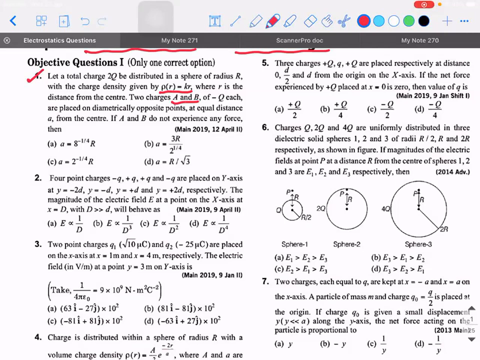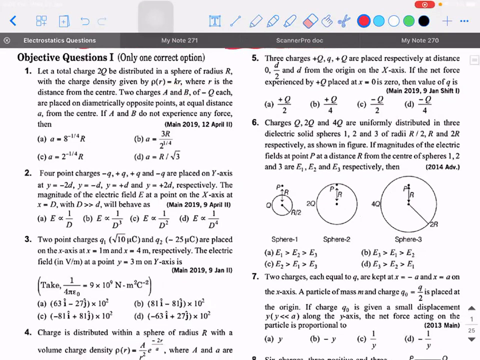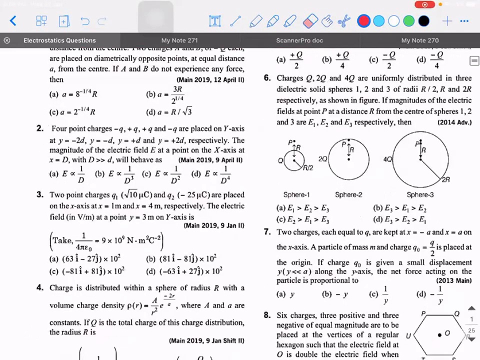Did you guys understand the question? Okay, we'll do one thing. I'll do a bit simpler problems, and then we'll come to this.